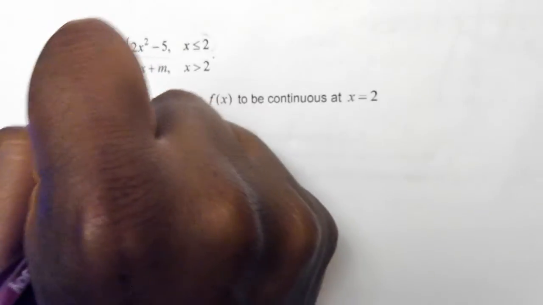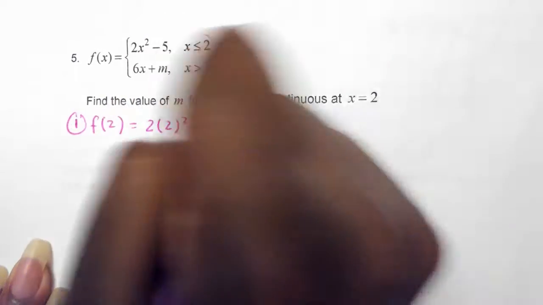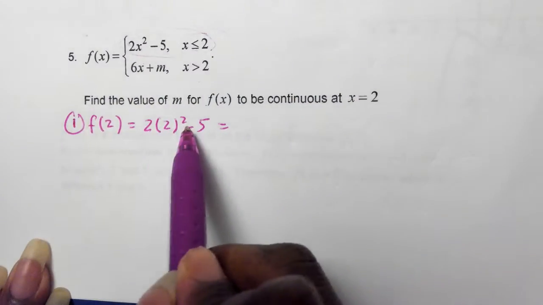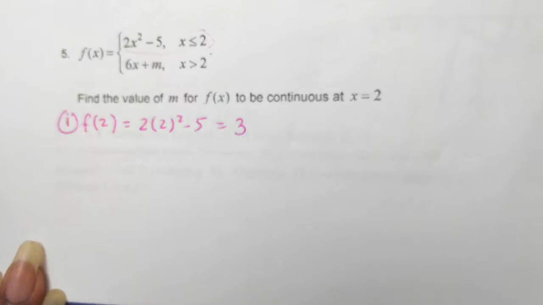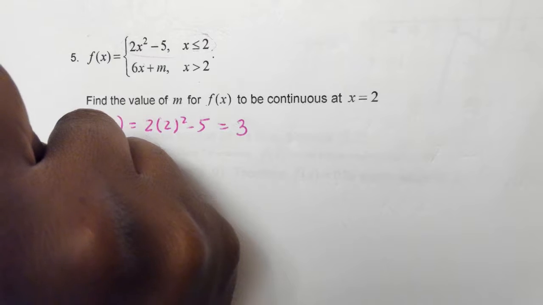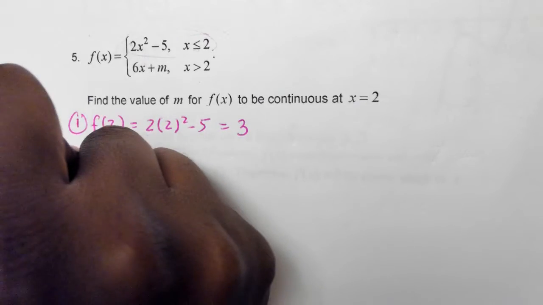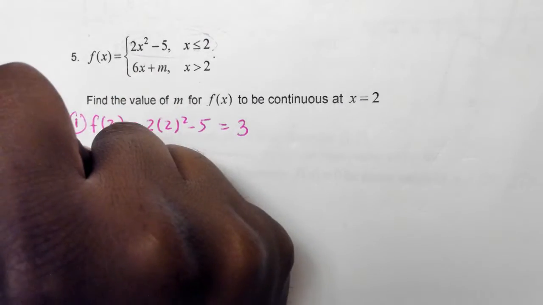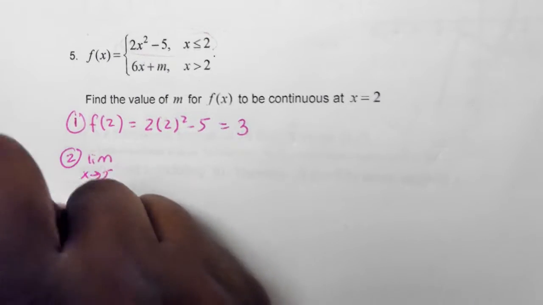So we'll just substitute 2 into our first equation: 2 squared is 4, times 2 is 8, minus 5 is 3. Now our second section, where we need to find the limits for the right hand and the left hand side of 2, is where things get a little bit more complicated.